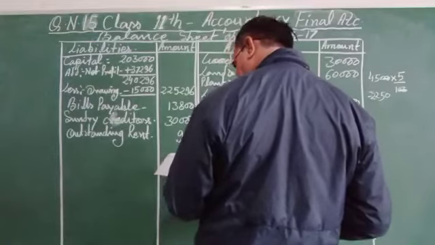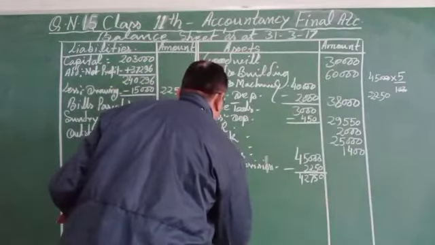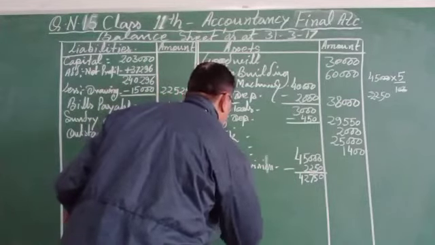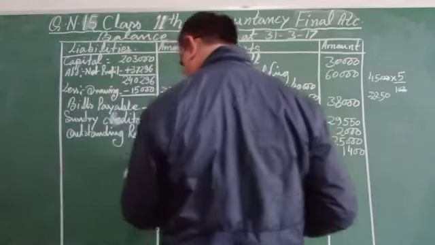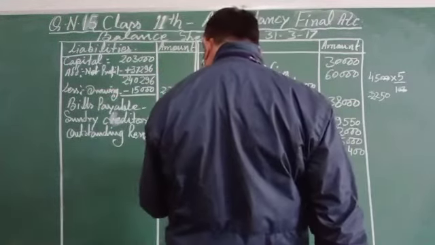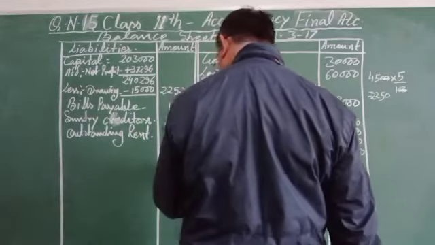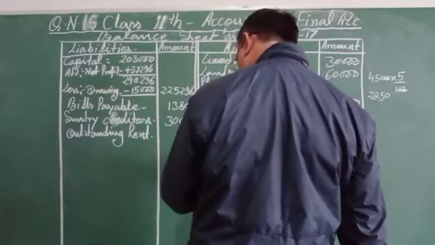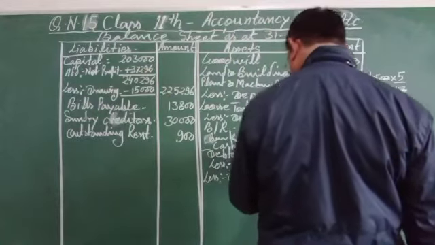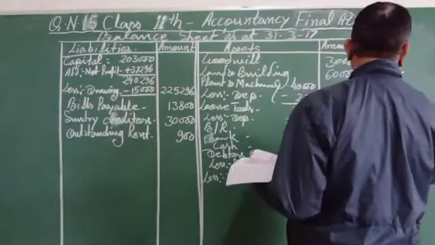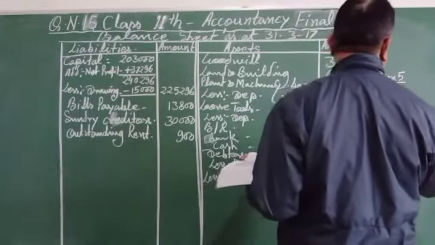Less provision for discount at 2.5%. The discount will be calculated after deducting the amount of bad debts.